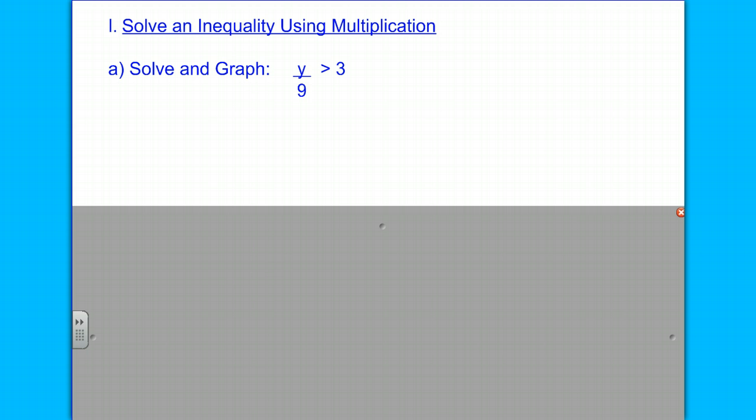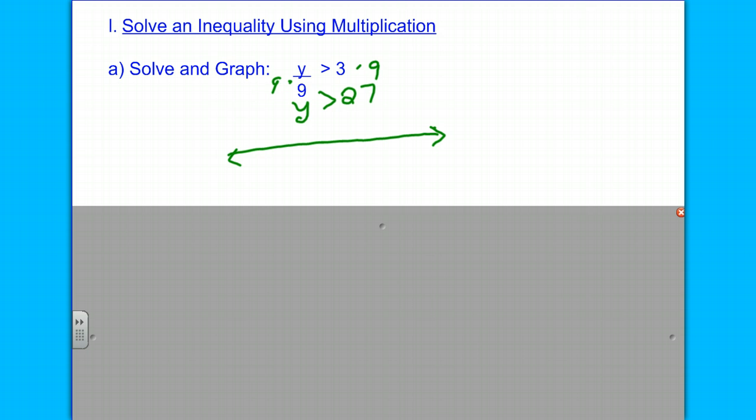Okay, so we're going to solve and graph. Sabrina used the factor 9 on both sides. She multiplied both sides by 9.